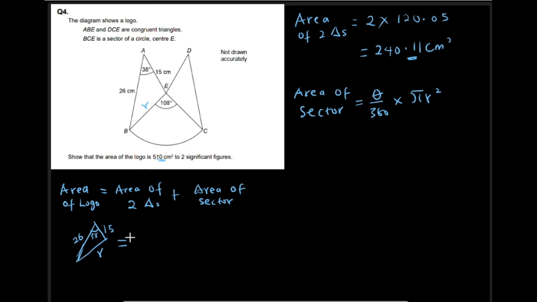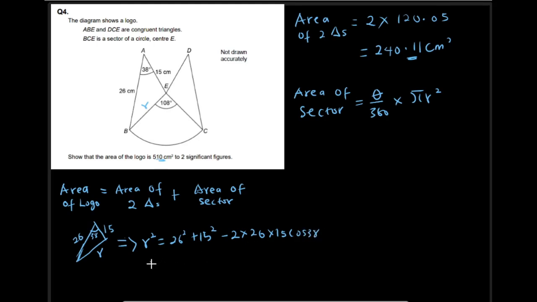So r squared equals the sum of squares of the two sides, that's 26 squared plus 15 squared, minus 2 times the product of the two sides, that's 2 times 26 times 15 cos 38.